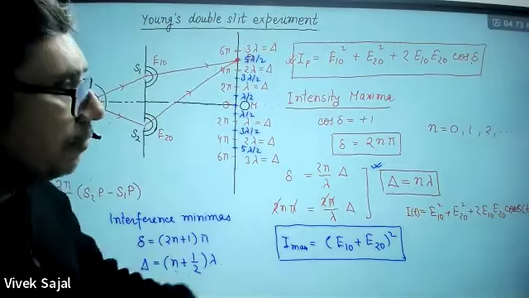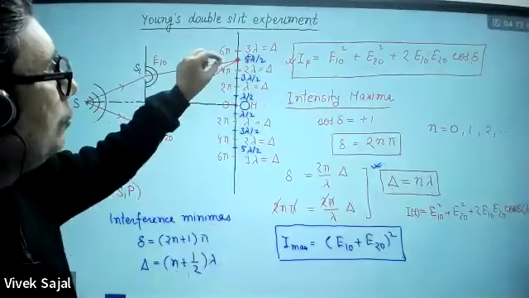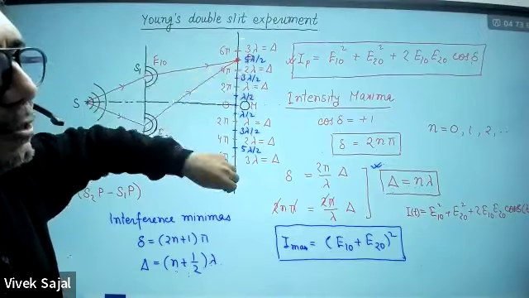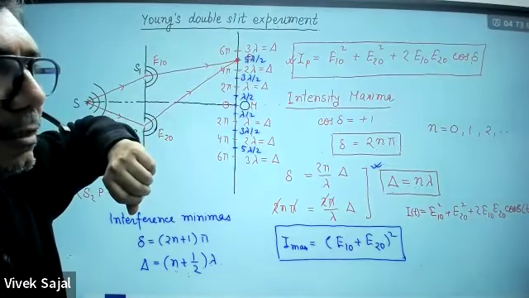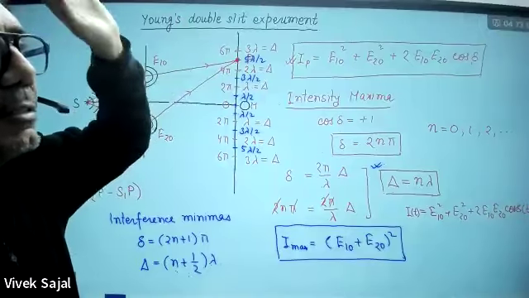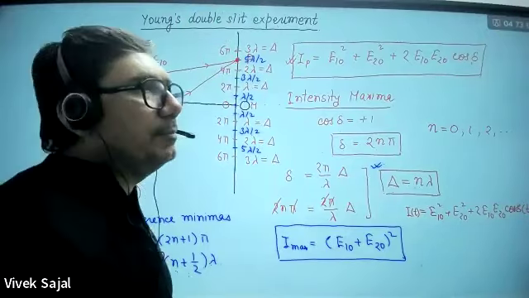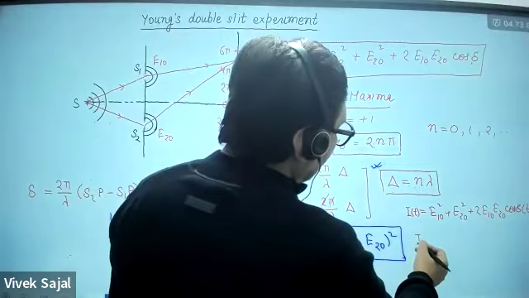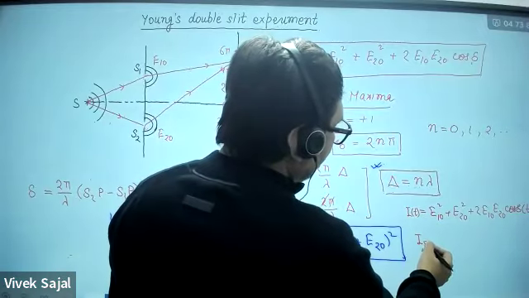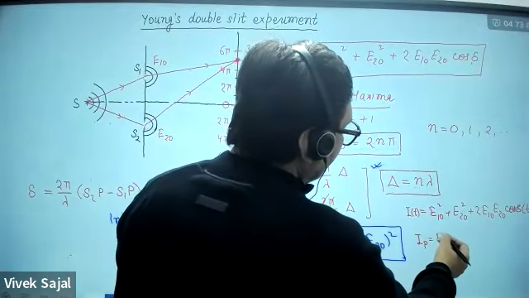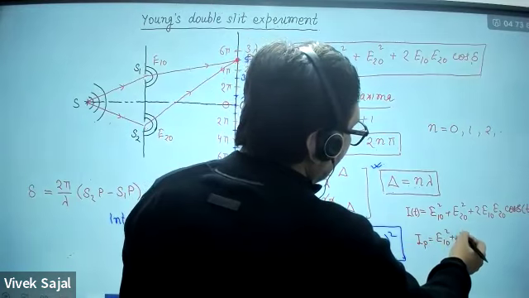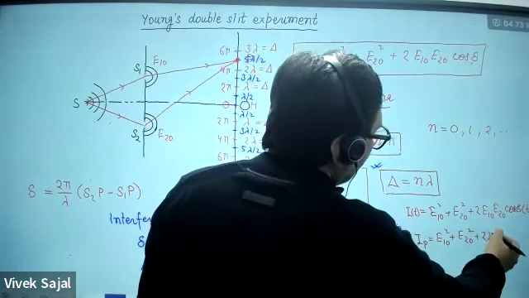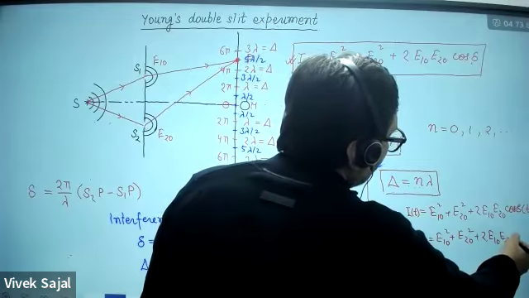The formula is valid, but the pattern is continuously changing on the screen. So you photograph the screen at a particular time t naught. The intensity at point P at time t naught will be E1 naught square plus E2 naught square plus 2 times E1 naught E2 naught.